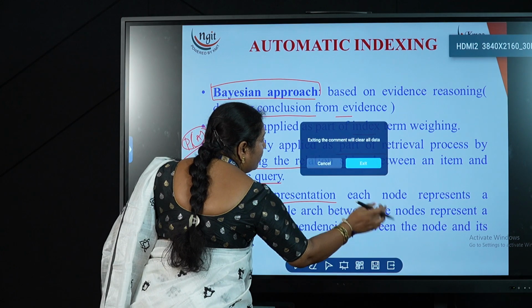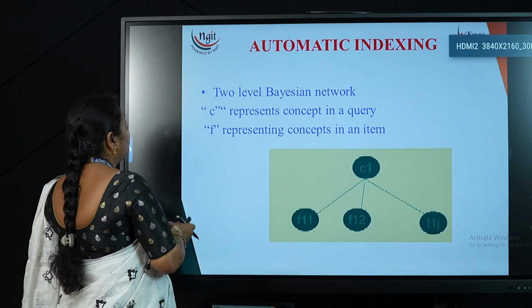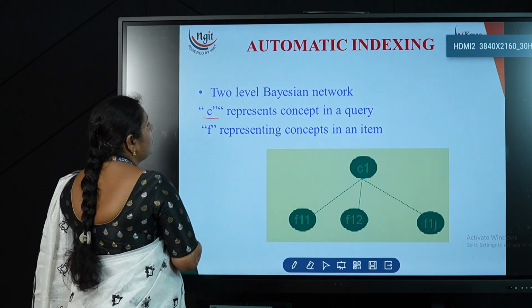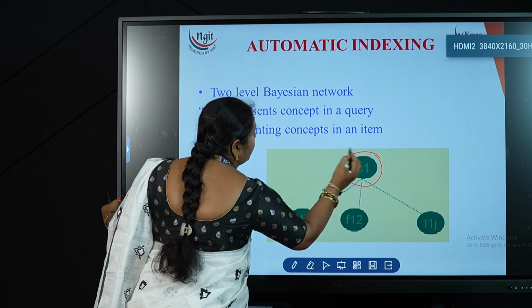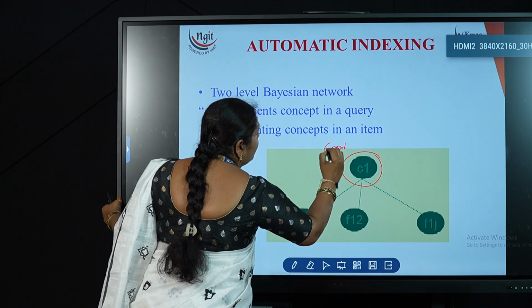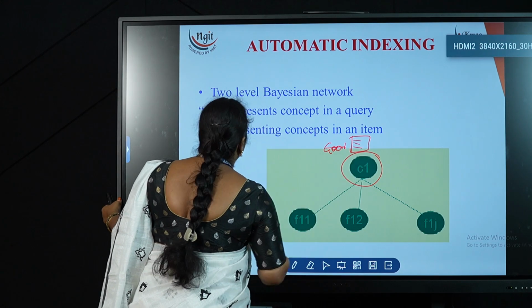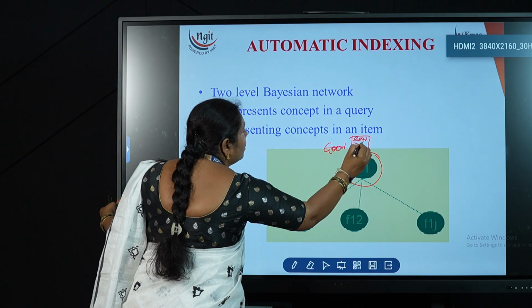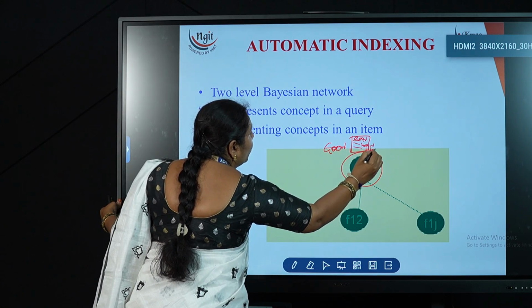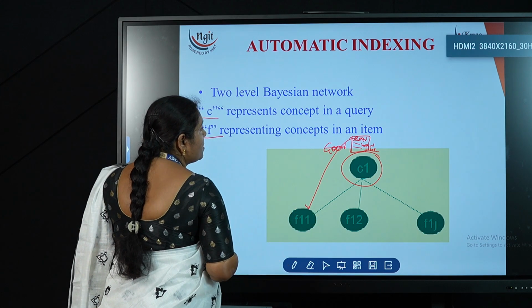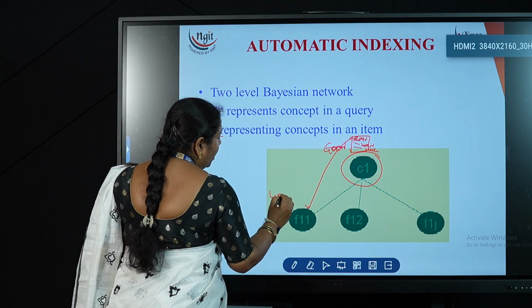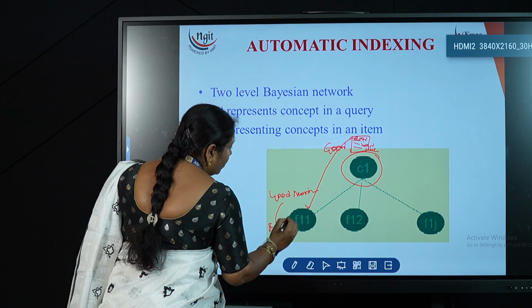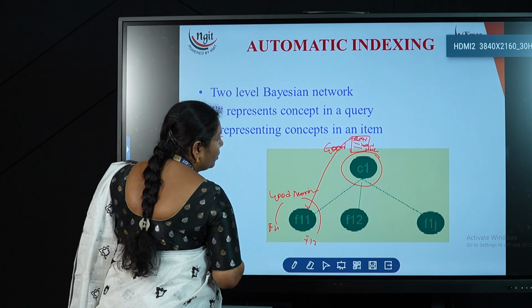I'll show you, one second. This is a two-level Bayesian network. If you observe, I have C, which is the concept. One document is there, and some letters are there. F represents the terms present in it: if I take the terms good and morning, they will be F11 and F12.